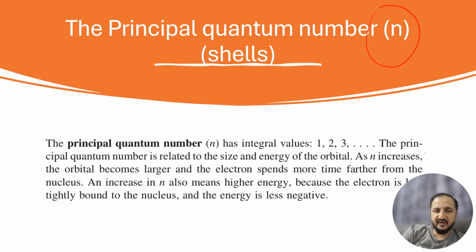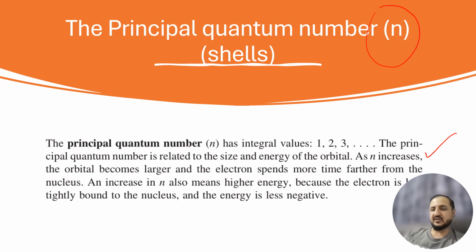As n increases, the orbital becomes larger and the electrons spend more time further from the nucleus. An increase in n also means higher energy, because the electrons are more tightly bound to the nucleus and the energy is less negative. So this is the principal quantum number.